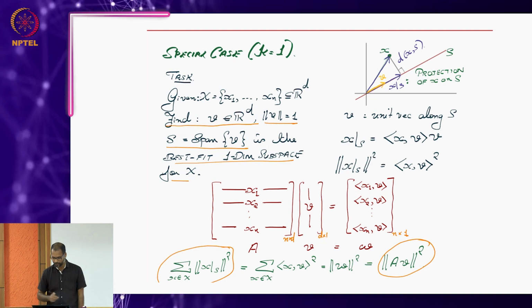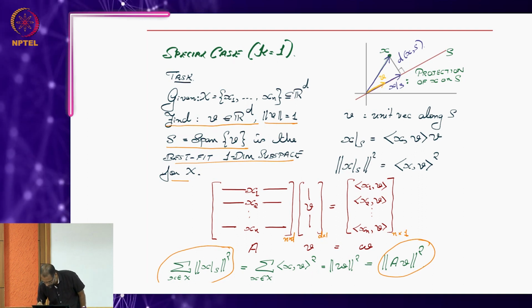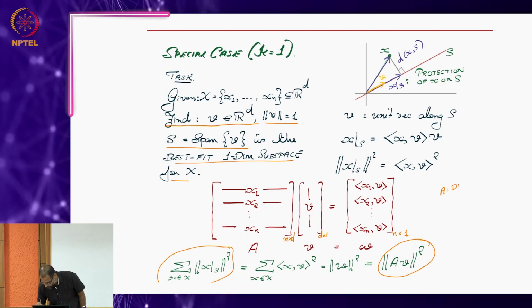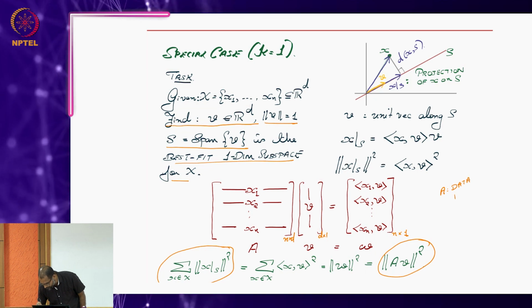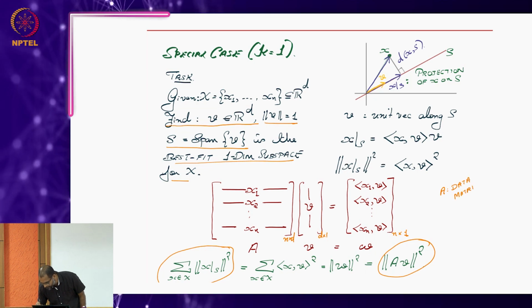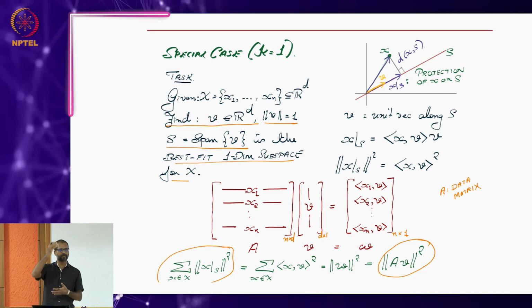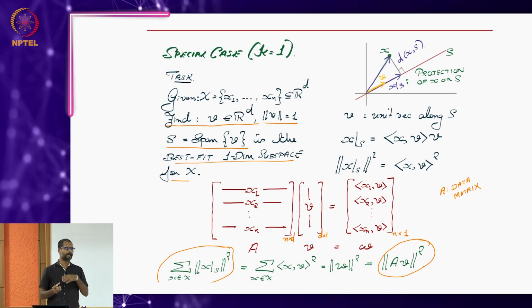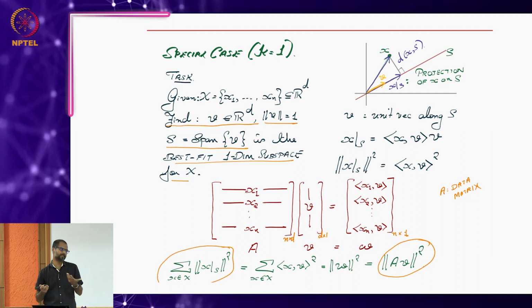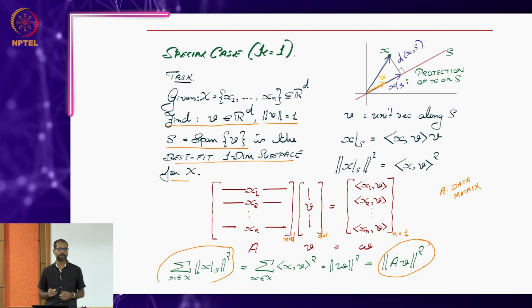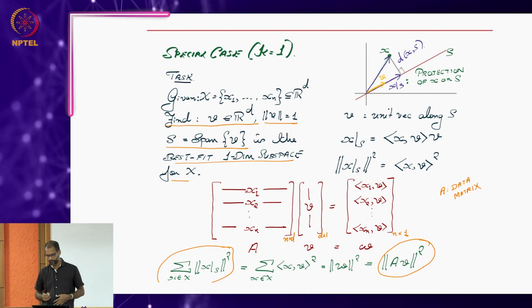In fact, people call this the data matrix. Okay, this A is sometimes referred to as the data matrix. If you see some other videos, some people may think of each column as a data point, and then you will have to multiply v on the other side and so on. I am just sticking to one convention. This is probably the more common convention.